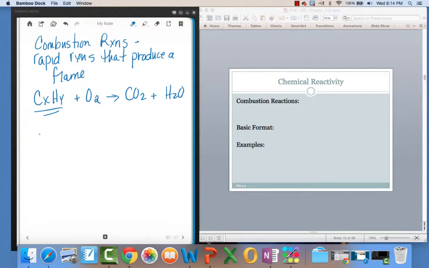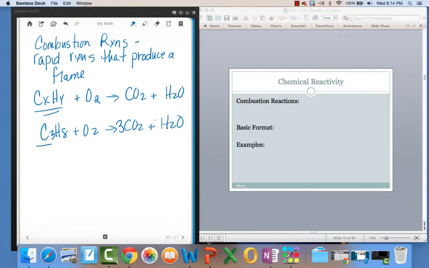So let's look at two examples. The first one I'm going to give you is an easier one. C3H8 plus O2 yields CO2 plus H2O. And we have to balance the reaction. So right away I see I have 3 C's, so I'm going to put a 3 here.